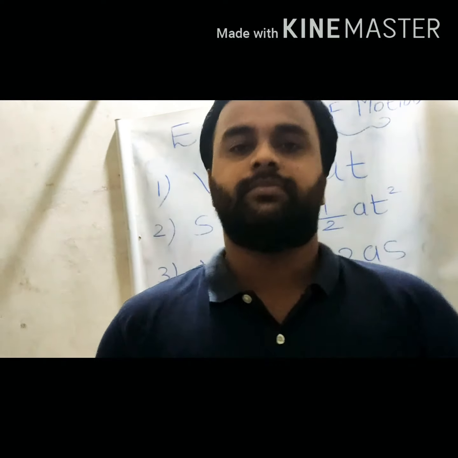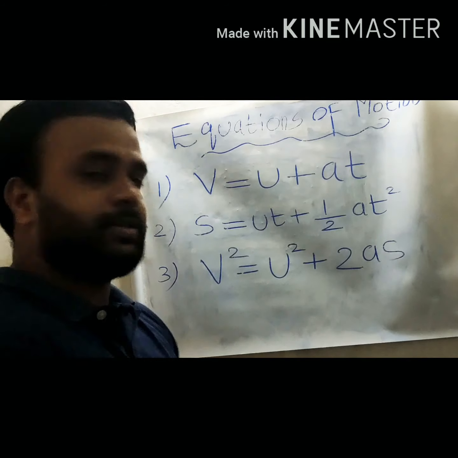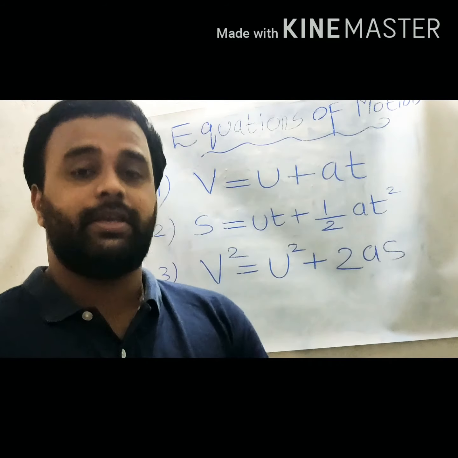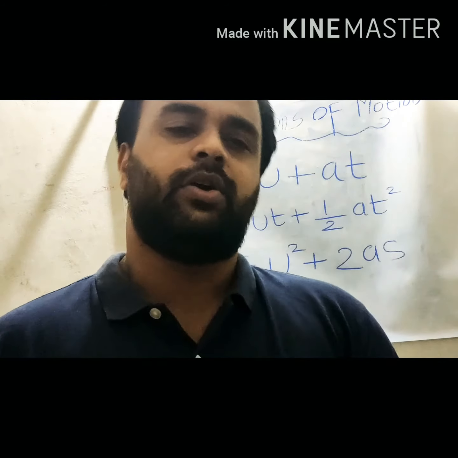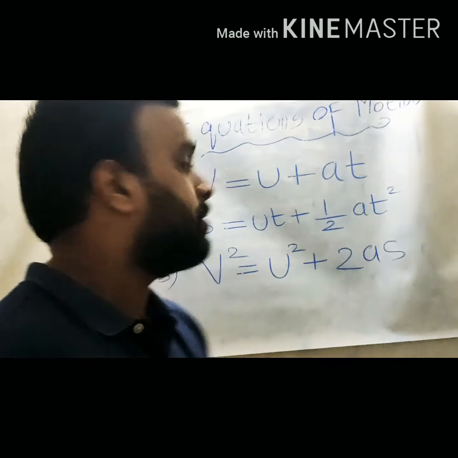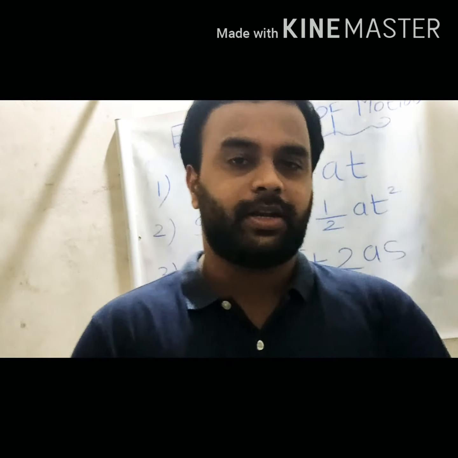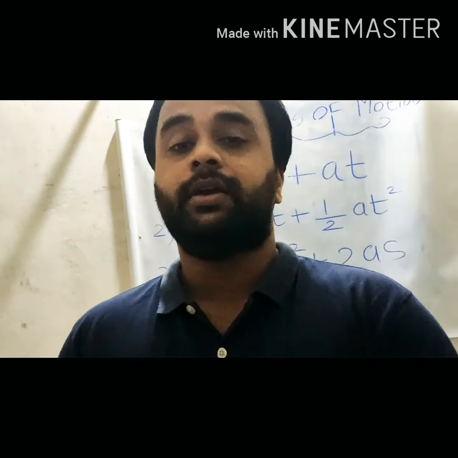What is t? t is the time traveled by the object. Then s. s is the displacement of the object, or sometimes it's called the distance covered by the object. We discussed all the terms. So these are the equations of motion.